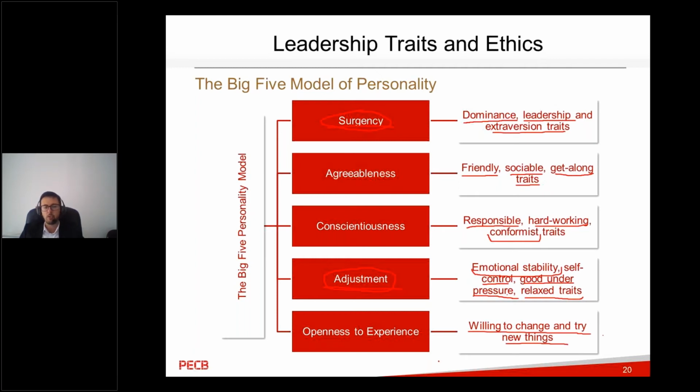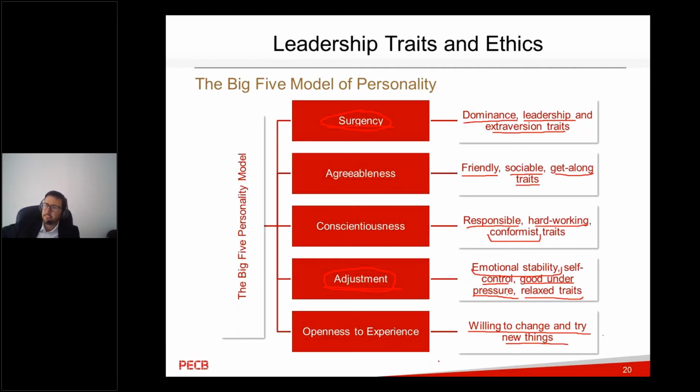Then we have a strong correlation also with conscientiousness: a 28% correlation has been found between people that scored high in this dimension and people that were considered successful leaders as well. And a high correlation has also been found with openness to experience, as we said. So people that scored high tend to belong to the group of successful leaders as well.